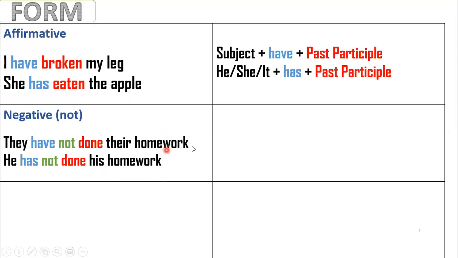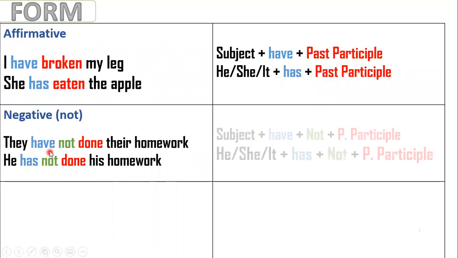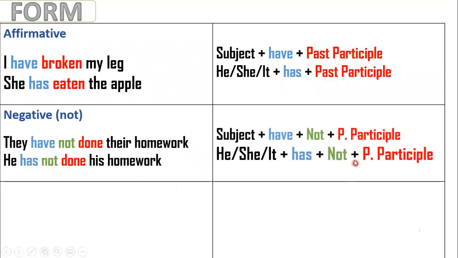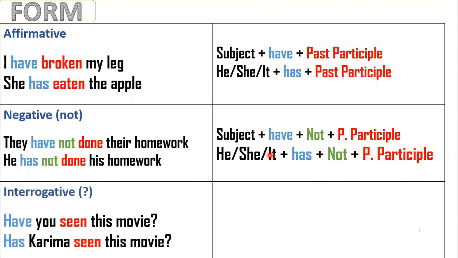What is the rule again here? Again, subject plus have plus not plus the past participle. Pay attention to the colors. And of course, again, he, she, it has plus not plus past participle. And the last type of sentences, it is the interrogative or the question form.